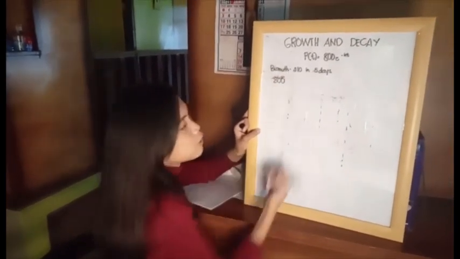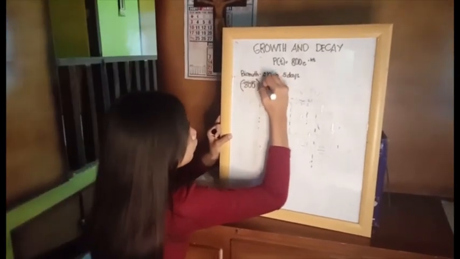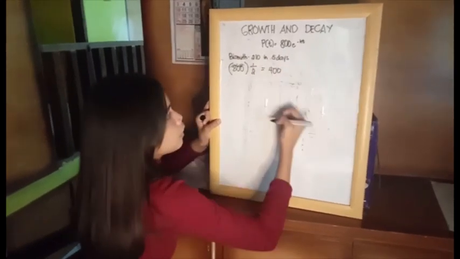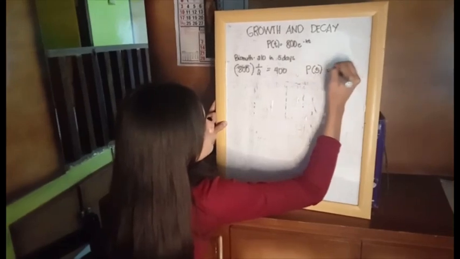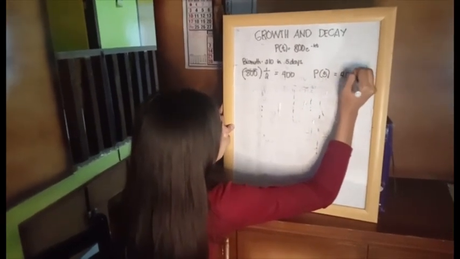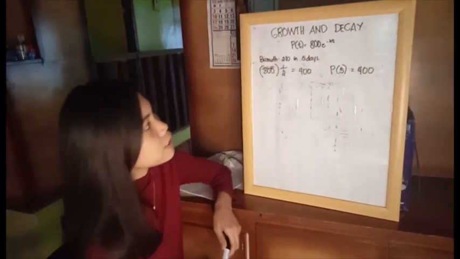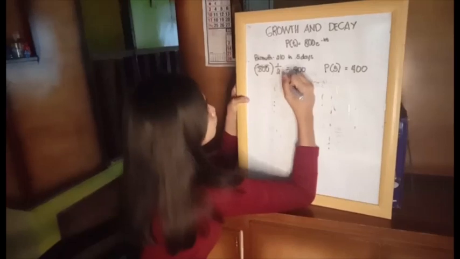So we're going to use the half-life, so we're going to multiply this by 1/2, and we get a value of 400. So P(5) is equal to 400. Now after getting the half-life of bismuth, we can substitute this to the equation.